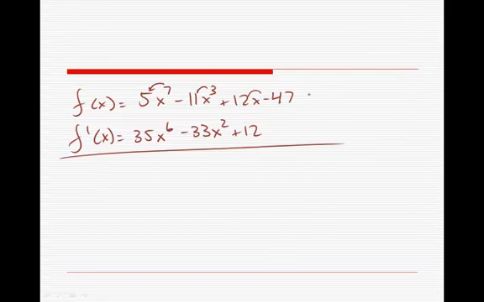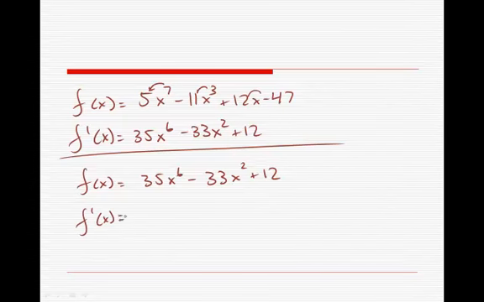Much quicker than finding our f of x plus h and using our rule. Try this one on your own. F of x equals 35x to the 6th minus 33x squared plus 12. Turn the video back on when you've completed it.